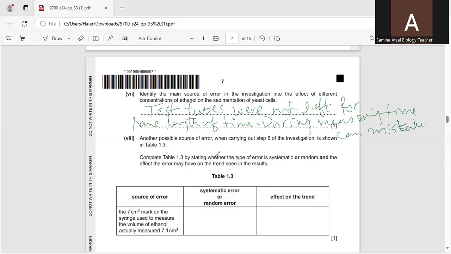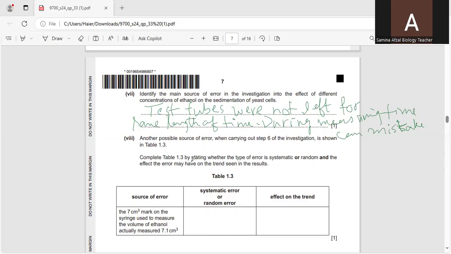Another possible source of error when carrying out step 6 of the investigation is shown in table 1.3. Complete table 1.3 by stating whether the type of error is systematic or random, and the effect the error may have on the trend seen in the results. So the 7 cubic centimeter mark on the syringe used to measure the volume of ethanol actually measured 7.1 cubic centimeter.